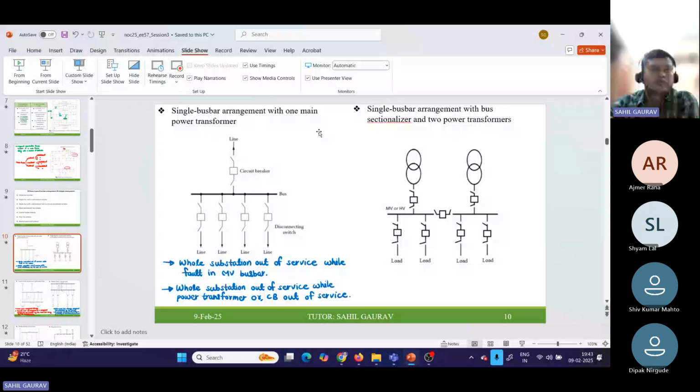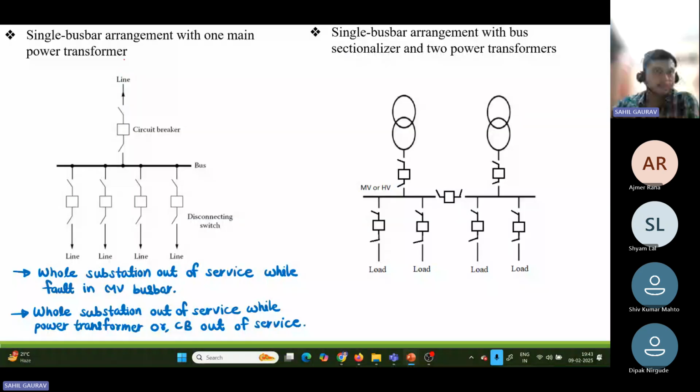This is one of the most conventional types of arrangement. From the top, the incoming line, that is some sub transmission line, is coming in, and before that we have this power transformer, and here at the top we have the sub transmission line.